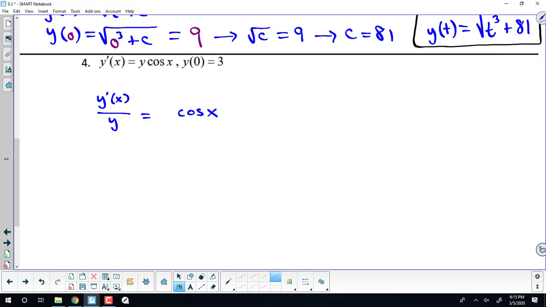So separate, and remember at this point when we integrate with respect to x, that our y prime is just dy over dx. And we have that times this other dx. So those things divide out.